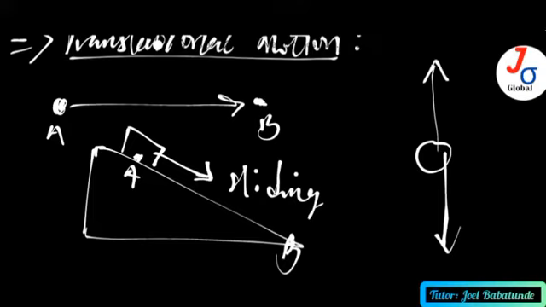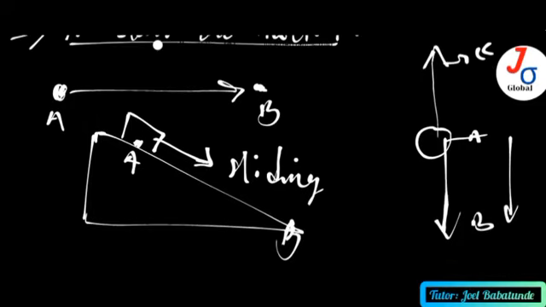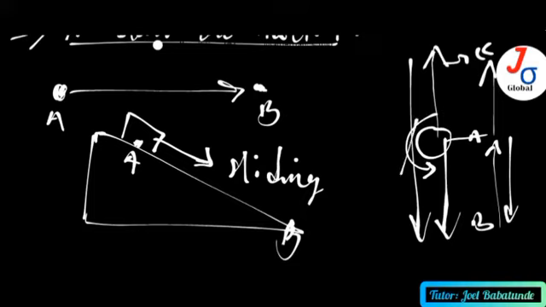So these are just examples of translational motion. Let's say this is point A, this is point B and this is point C. The ball can go from A to B, or B to A, or A to C, or even C to B, but the ball is not rotating.